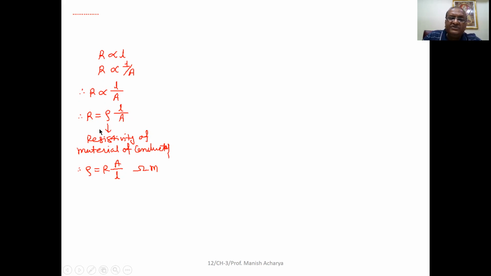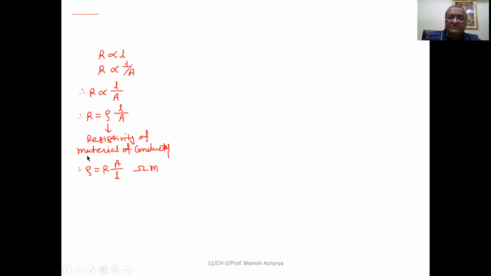So the equation of resistance is R equal to rho L by A, where rho is known as the resistivity of the material of the conductor. So rho is equal to R A by L. The unit of resistance R is ohm, and area upon length is meter squared upon meter, which is meter. So the unit of resistivity is ohm meter.